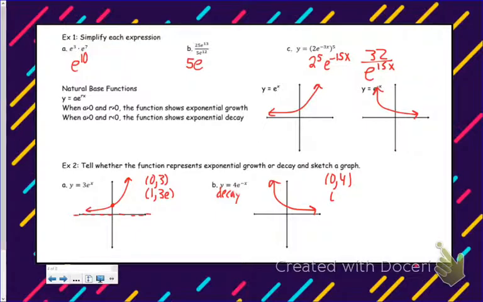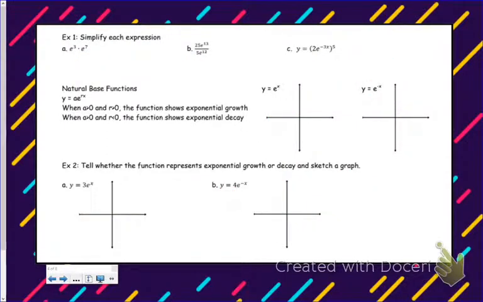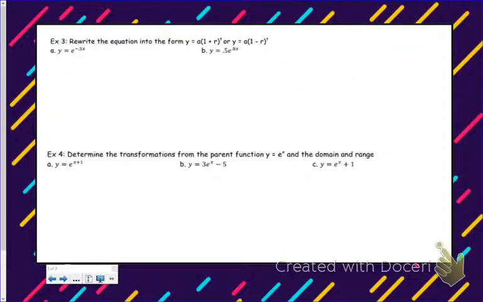So if I were to plug in negative 1, that would give me 4 times e, which would be, again, 2.718 times 4, which would be 10.87. So again, the negative value gives me the higher value, so that helps you see which direction it's going. All right, so again, positive exponent is going to show us growth. Negative exponent is going to show us decay when our base is e. Okay, because again, that base is still greater than 1.